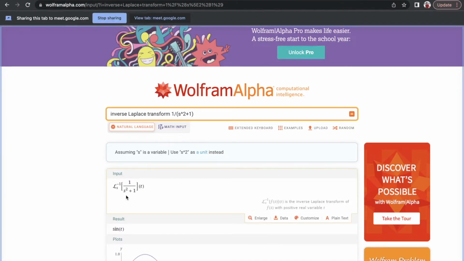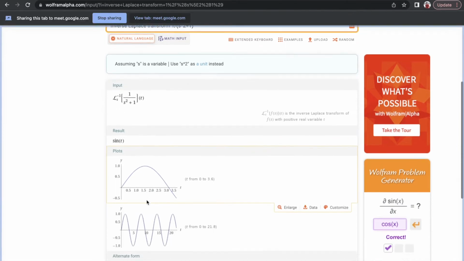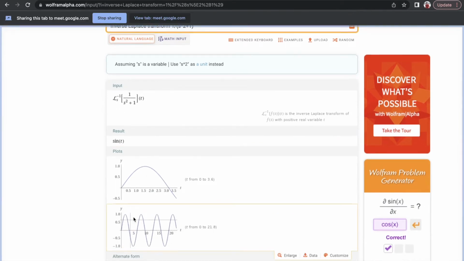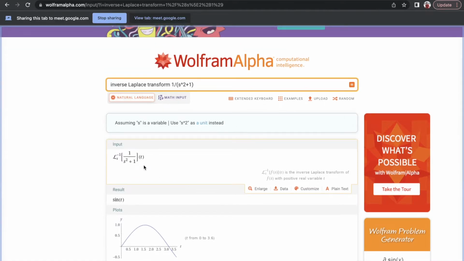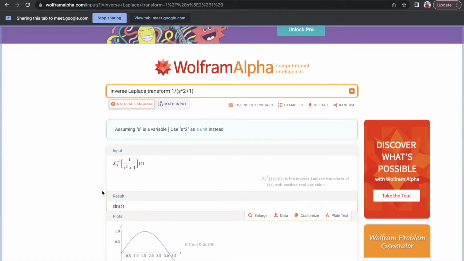So we know it's the Laplace transformation of 1 over s square plus 1. So it's the inverse Laplace transformation, sine t. Simple. So that's why the plot you can see this. It's the sine t. Can somebody guess the pole locations of this case?